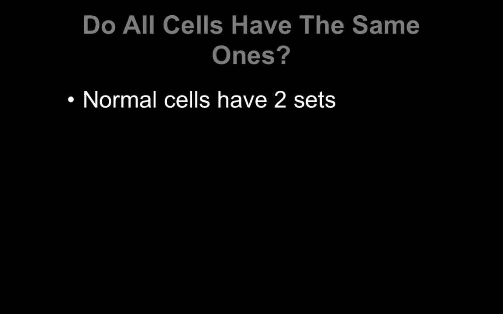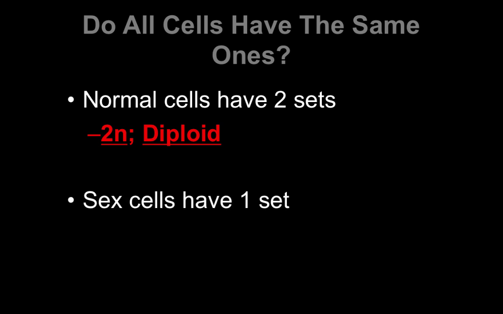Now, do all cells have the same chromosomes? Sort of. Most of your cells have the full number, have two sets. And we're going to call these 2N, meaning two sets, or diploid, because di means two. So most of your cells are diploid or 2N. Now, you have some cells, which are called sex cells, that actually only have one set.